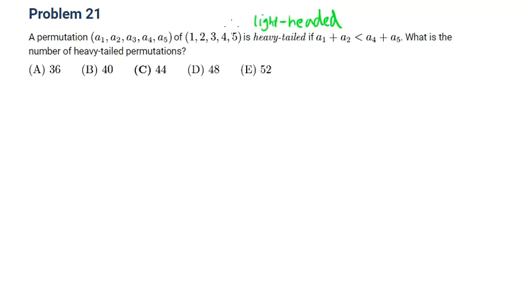Now, besides light-headed, we will also have heavy-headed ones, right? We want the number of heavy-tailed permutations. Heavy-tailed is a bad name. Okay, hey, come on, light-headed. Now, if there are light-headed ones, there are also heavy-headed ones, right?